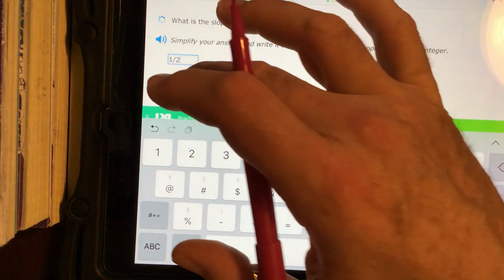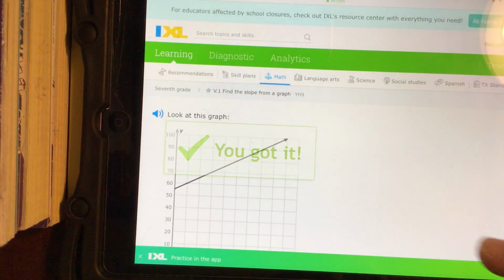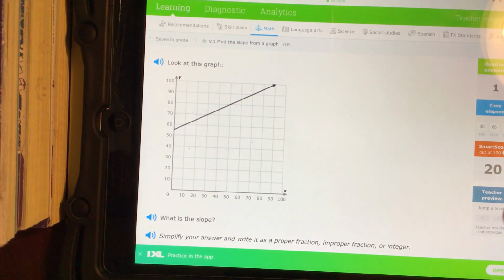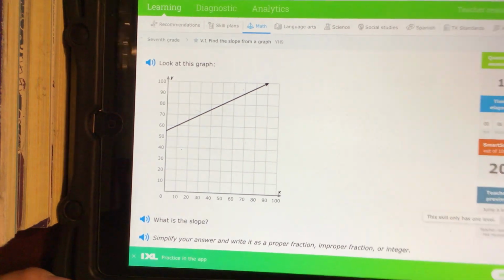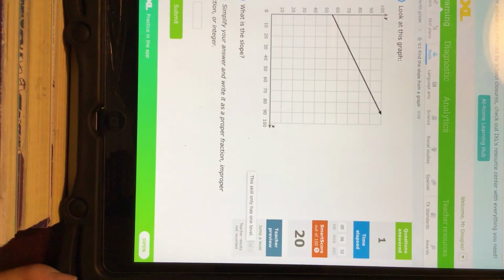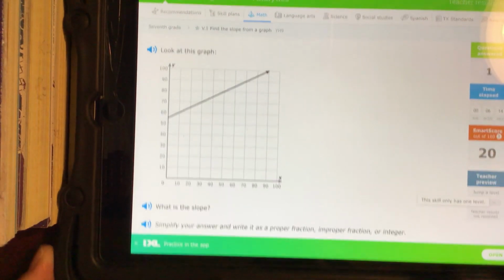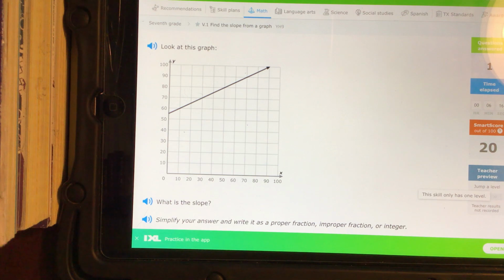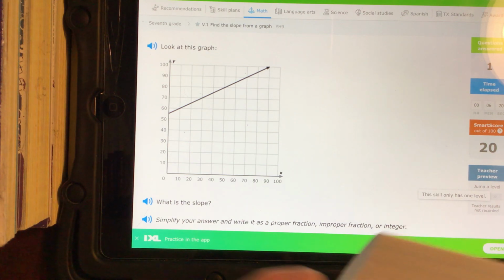All right, let's take a look at another one. Now I come down here to hit jump a level, and look what it says. You can't see it. This skill has only 1 level. Okay, so I'll just do a couple more problems, and we'll see where we're at. All right, so on this one, what is the slope?